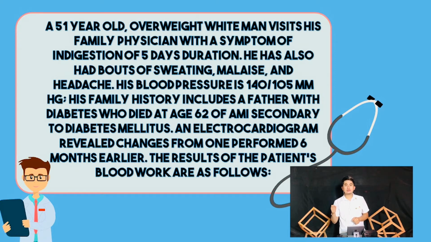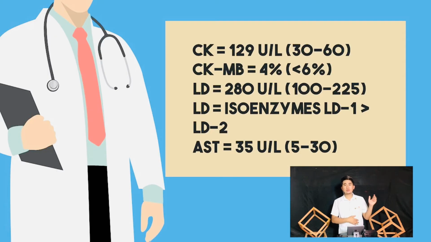The results of the patient's blood work are as follows. CK 129 U/L with a reference value of 30 to 60, CK-MB 4% with a reference value of greater than 60%, LD 280 U/L.